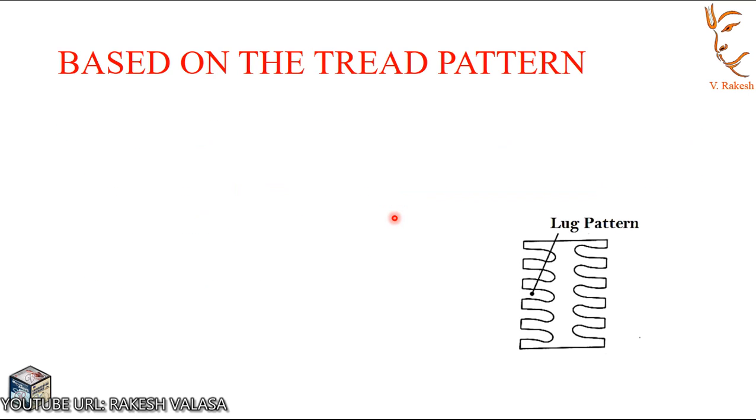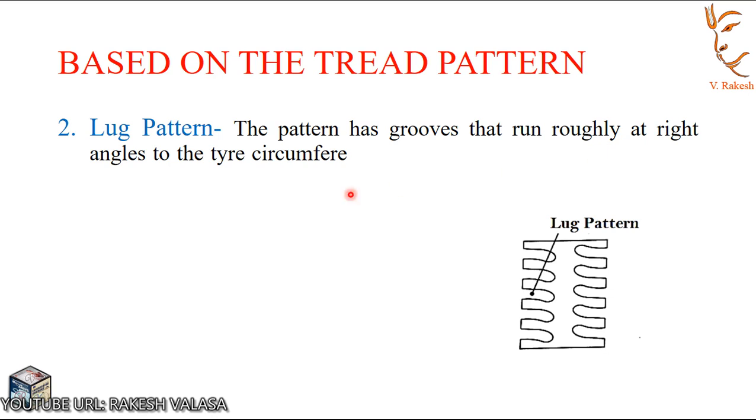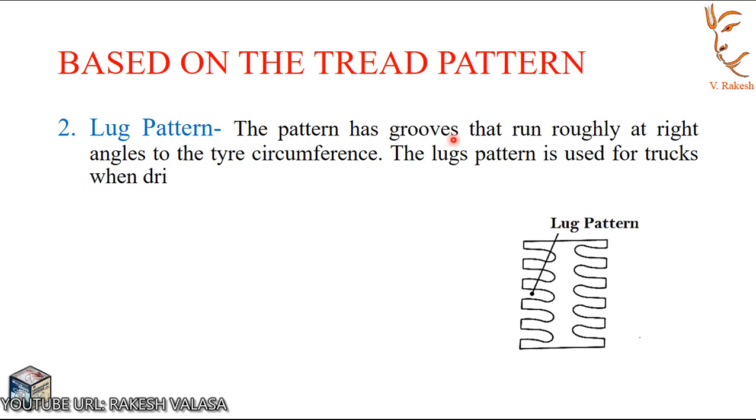Second one is lug pattern. The pattern has grooves that run roughly at right angles to the tire circumference. You can see this pattern in this figure. The lug pattern is used for trucks when driving is on an unpowered surface.